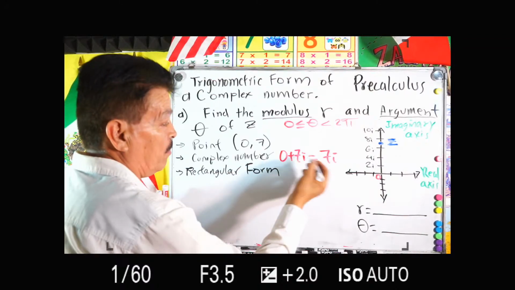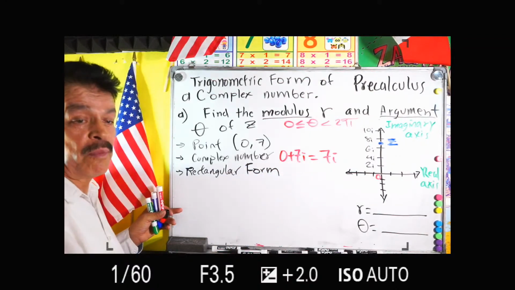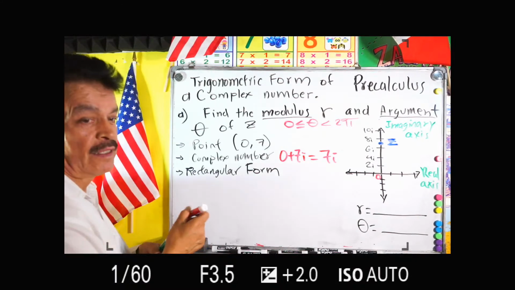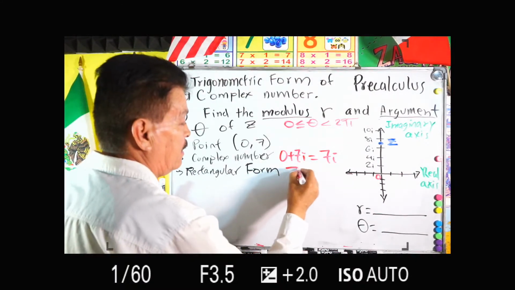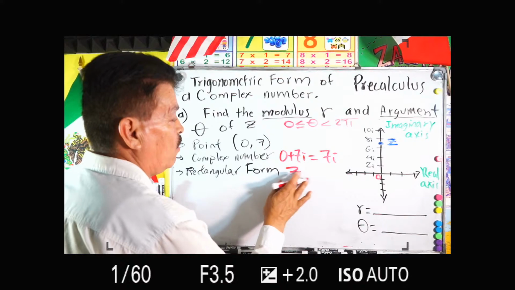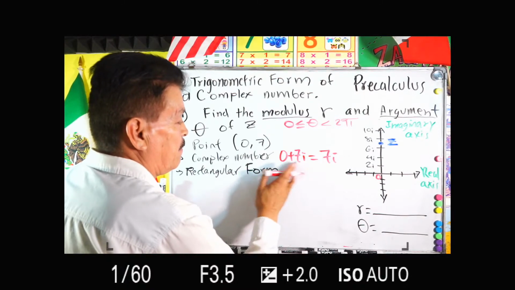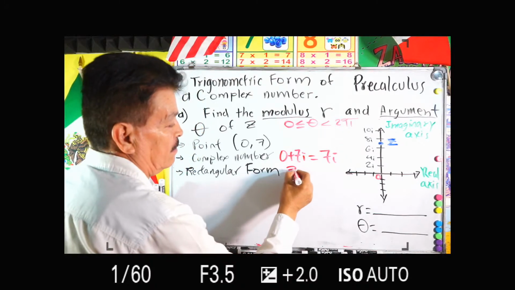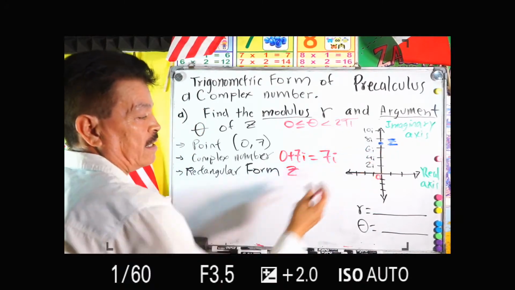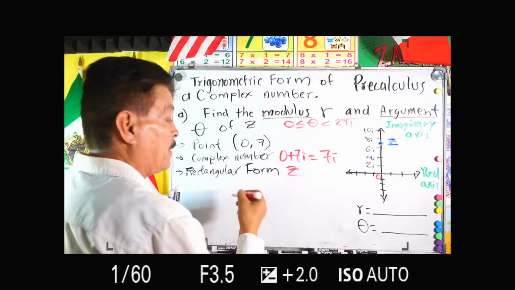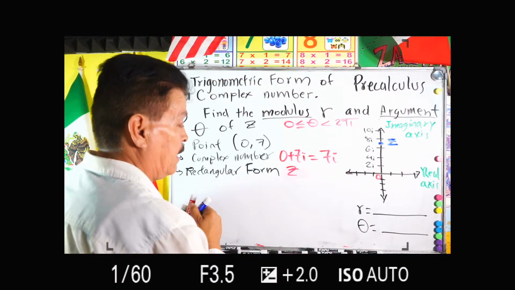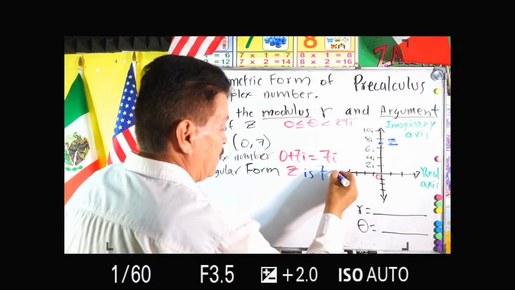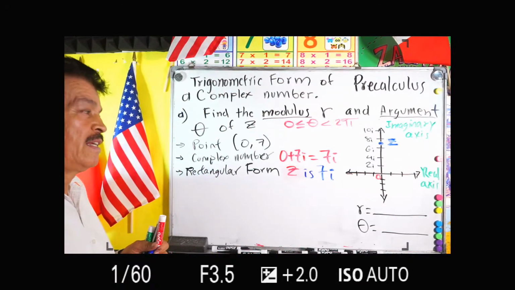In this case, this is the given number z. See, z right there. Look at the point. z is 7i. Okay, 7i right there.